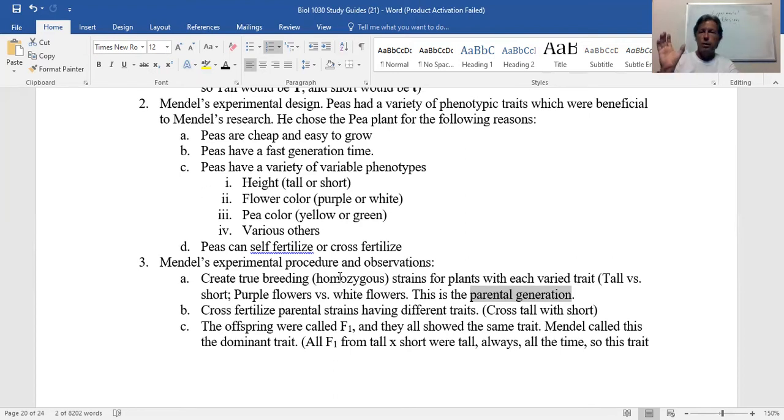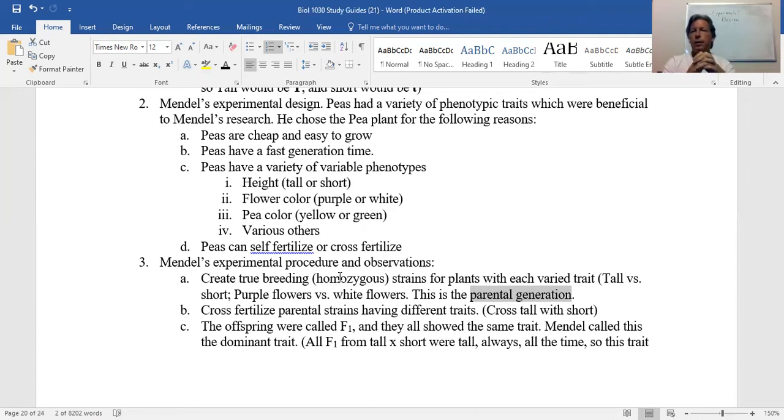And I have true breeding short. And if I self-fertilize those, then I always get short plants. That's my parental generation. Mendel's next question was, what happens if I cross them? I have a plant that always self-fertilizes tall, and I have a plant that always self-fertilizes short. What happens if I cross-fertilize those two?